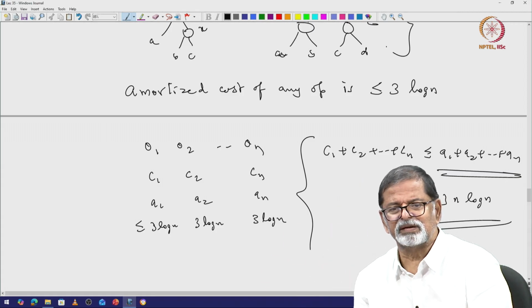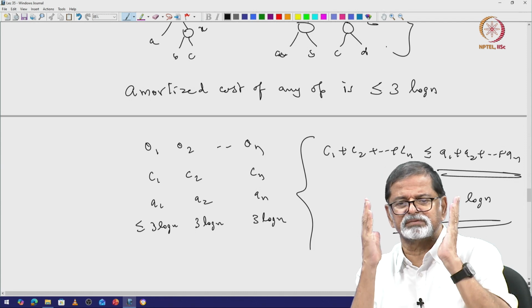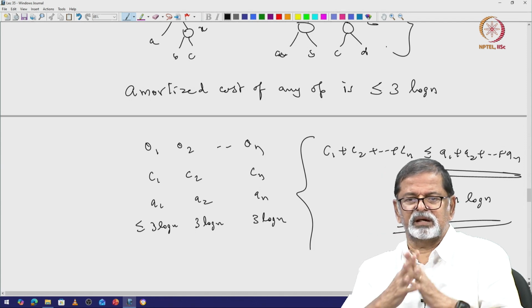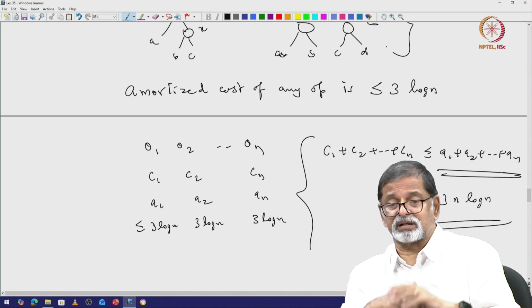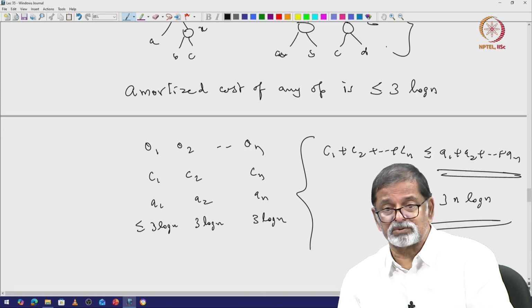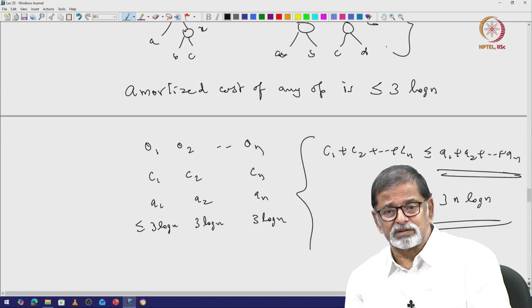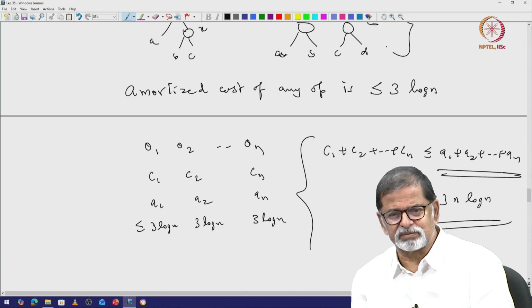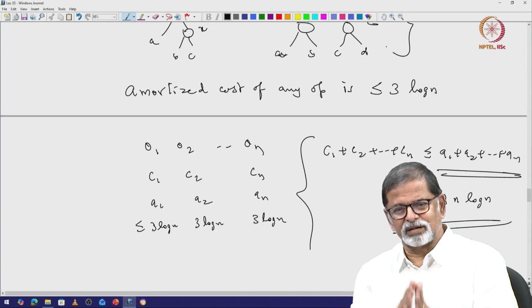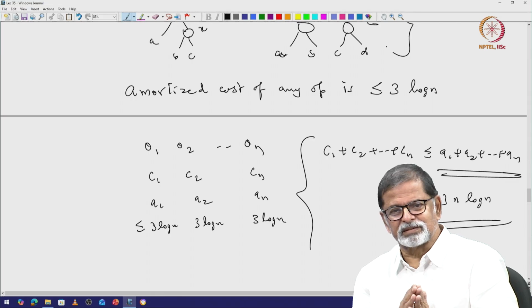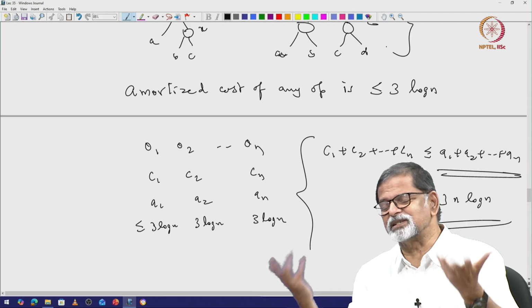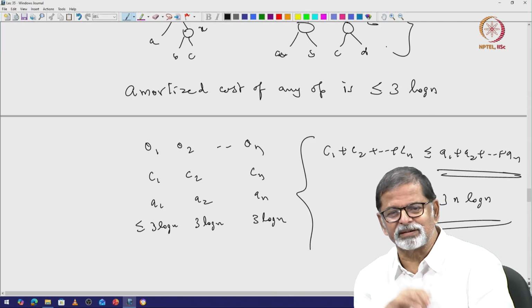We do not have control on their values. In the worst case it can even be order n. Some of the operations can be very expensive, alright. It does not matter. I have a guarantee that C1 plus C2 plus Cn is less than or equal to 3n log n, order n log n.